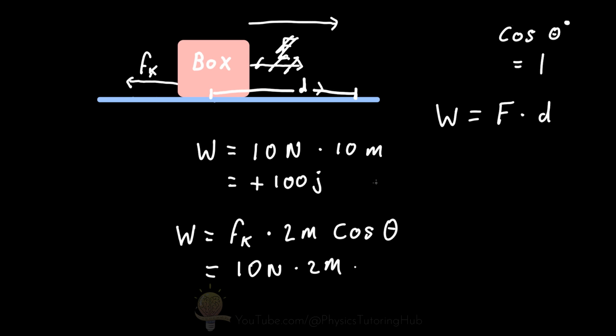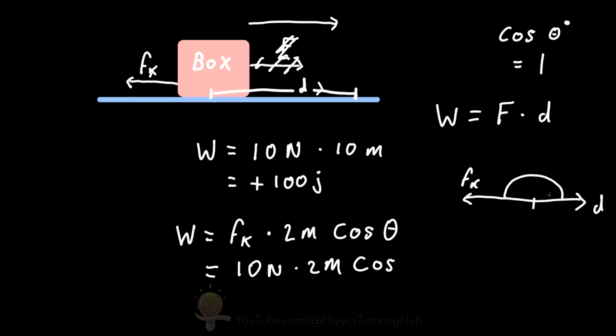But what's our angle between our force and our displacement? What's this angle here? Well, this angle is 180 degrees, because the force is pointing in this direction, but the displacement is pointing in this direction.